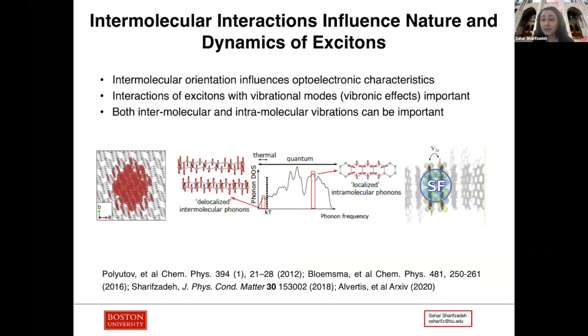Whether it's electronic coupling or vibrational coupling, it can affect the nature of the excited states and also their dynamics, and in the case of optical excitation, conversion to other states, for example, in singlet fission or in solar cells. So what we'd like to understand is how those intermolecular interactions work, how we can have some physical intuition for them or somehow control them.